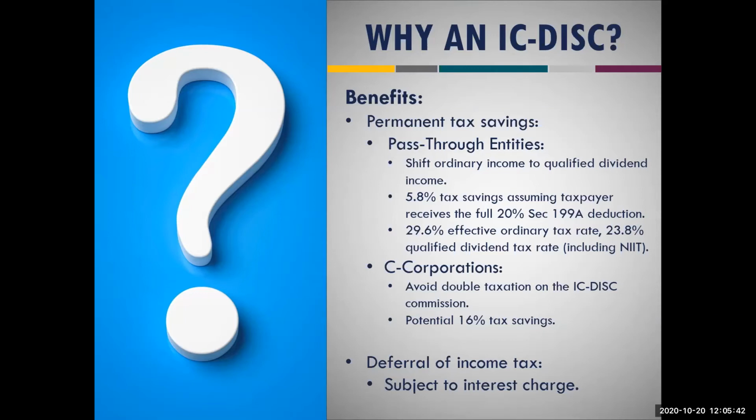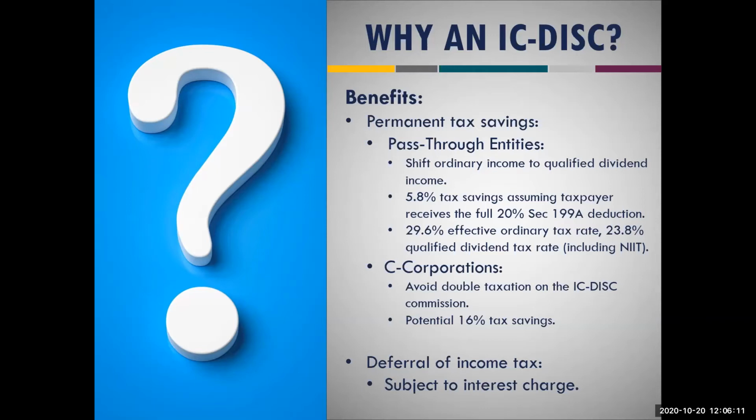Then let's assume the individual is subject to the 20% capital gain tax rate, plus the 3.8% net investment income tax, so that's 23.8%. That would give you a 5.8% tax savings, taking the 29.6 less the 23.8. But if the individual is in a different tax rate than the 37% ordinary and 20% capital gain, that tax savings will be different.